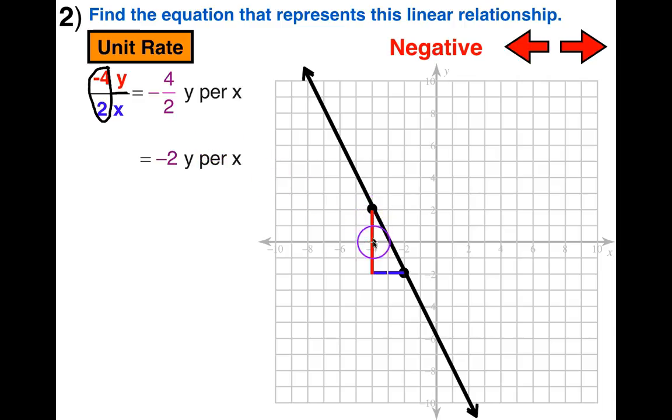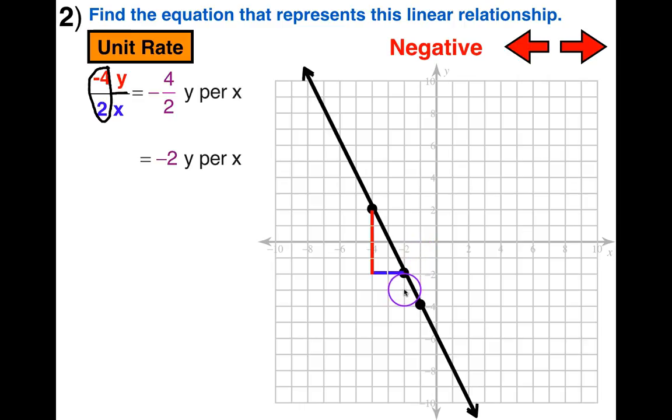So notice you could have used these 2 points. However, what if instead I used 2 points that were a little bit closer, like this point and this point here? Well, if I use these 2 points, they're closer, which is preferred because then you're not going to have to reduce in a case like this. Watch what happens. I'm still going to find the change in y.